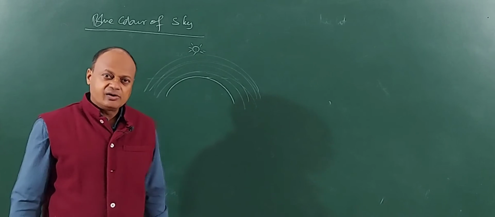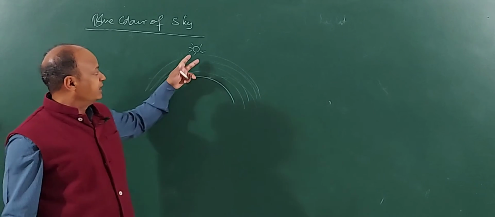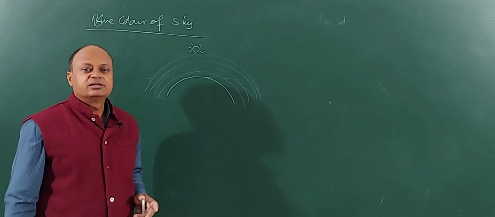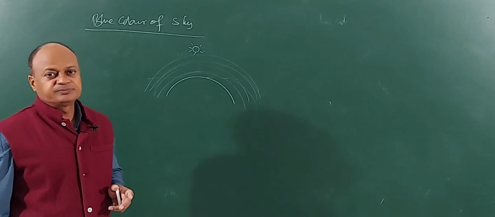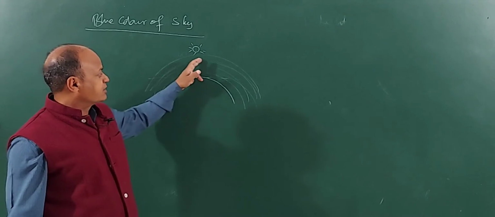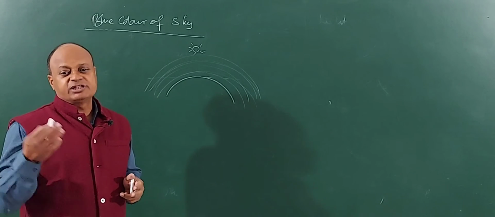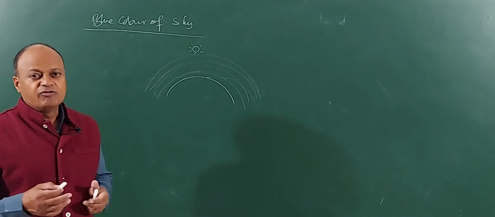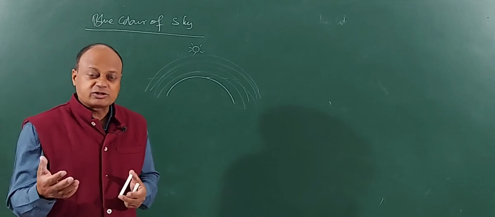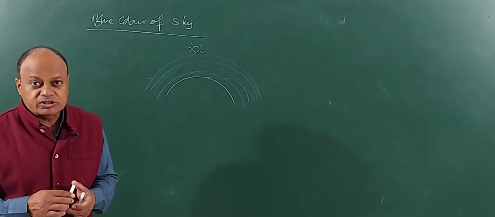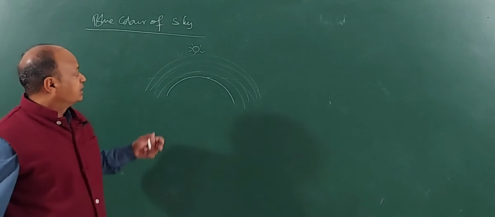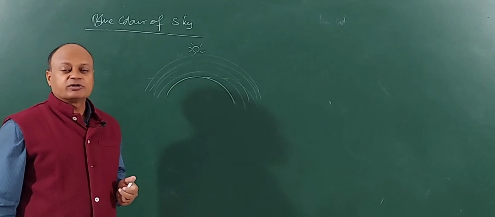And then we find that during the day, since the sun is directly above earth, the color of the sky is going to depend upon the color which is filling the atmosphere, and that is the color which is scattered most. So which color will be scattered most? We know that blue has got what?